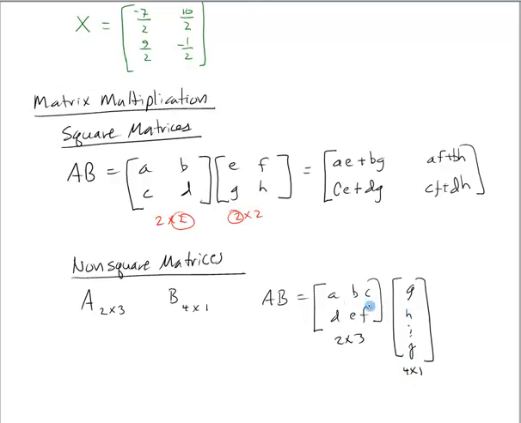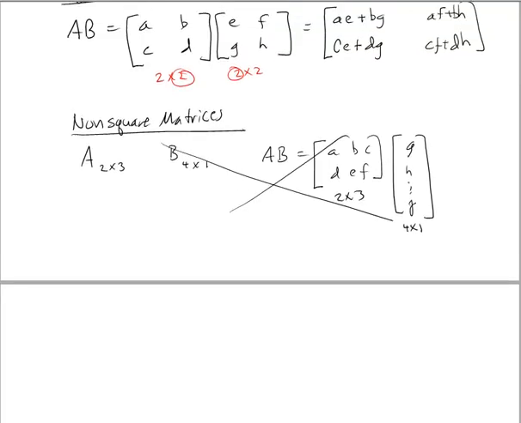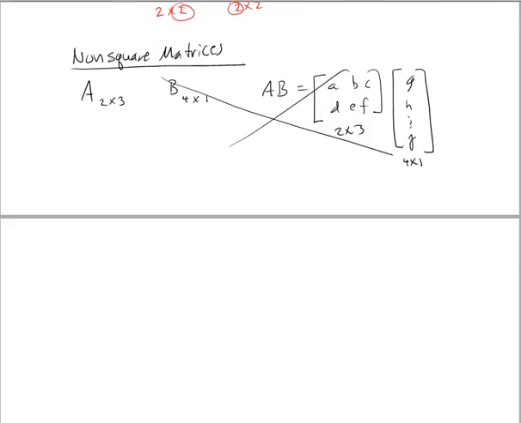This will not work because I don't have that relationship between the rows and columns of the two matrices. So for the product of two matrices to be defined, the number of columns of the first matrix must equal the number of rows of the second matrix.